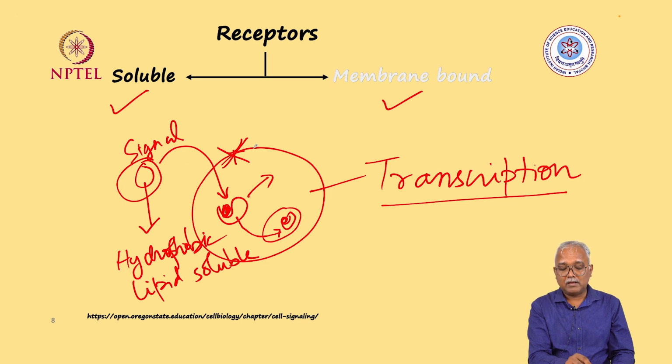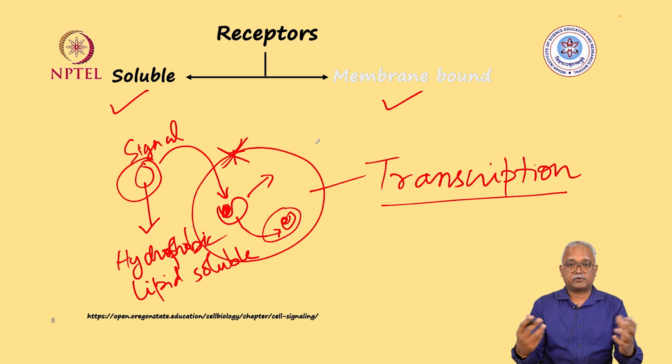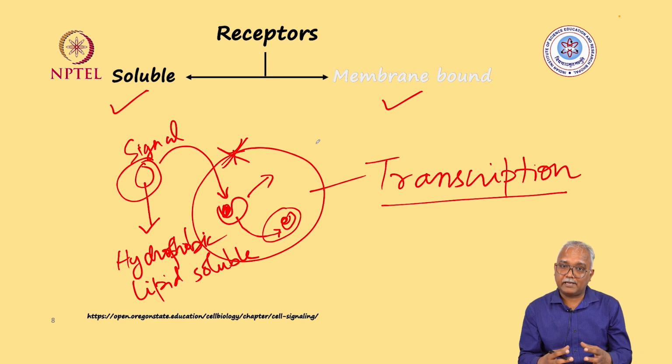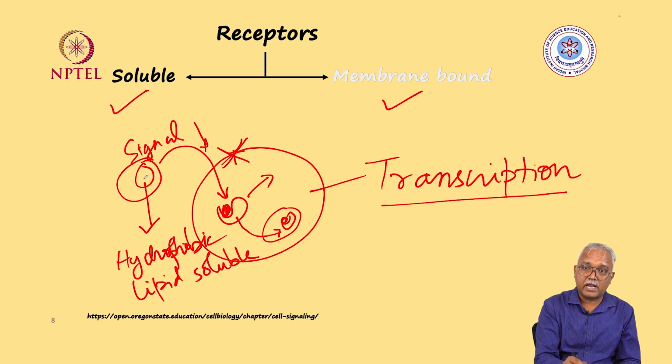So this signal should have the hydrophobic property or the lipid soluble property. But the environment outside the cell is not hydrophobic, rather it is rich in water, hydrophilic environment. So such signal, they need a cover or a carrier molecule. So for soluble receptor, the ligands often are hydrophobic. To remain functional in the hydrophilic environment outside the cell, these signals, they need a carrier.